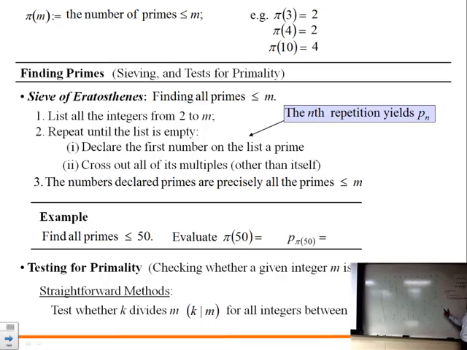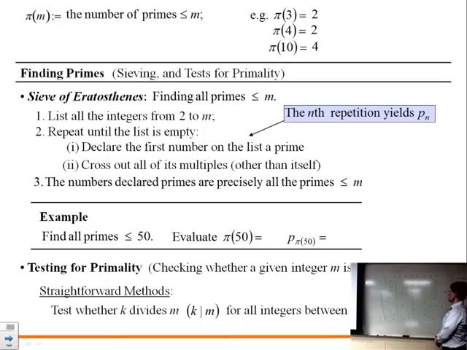Yeah, if you're less than 7 squared, you're going to be 7 times a smaller number, so you're going to be a multiple of a smaller prime number, and so you've already crossed that off. So the first number you're going to cross off is going to be 7 times 7. Because 7 times anything less, you've already crossed it off because of that thing that's less. Okay.